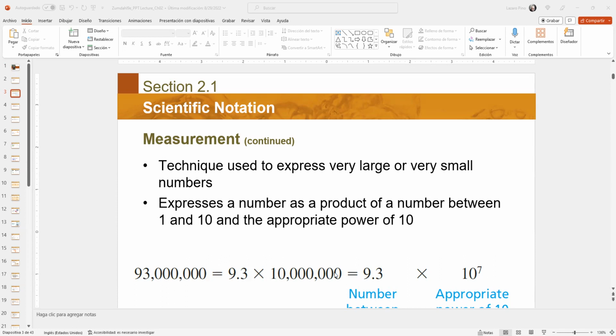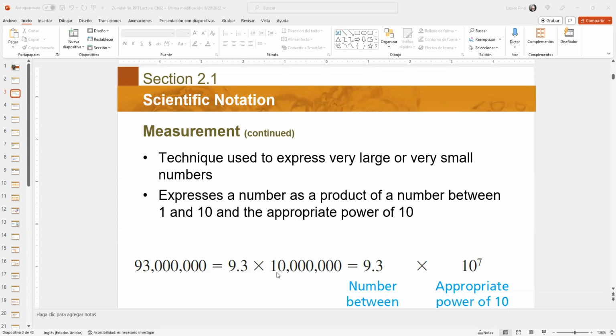In other words, you have 7 zeros, then you say 9.3 times 10 to the 7. We don't write the zeros in this case because they are trailing zeros and they are not significant figures. Later, I will explain to you what is a significant figure.